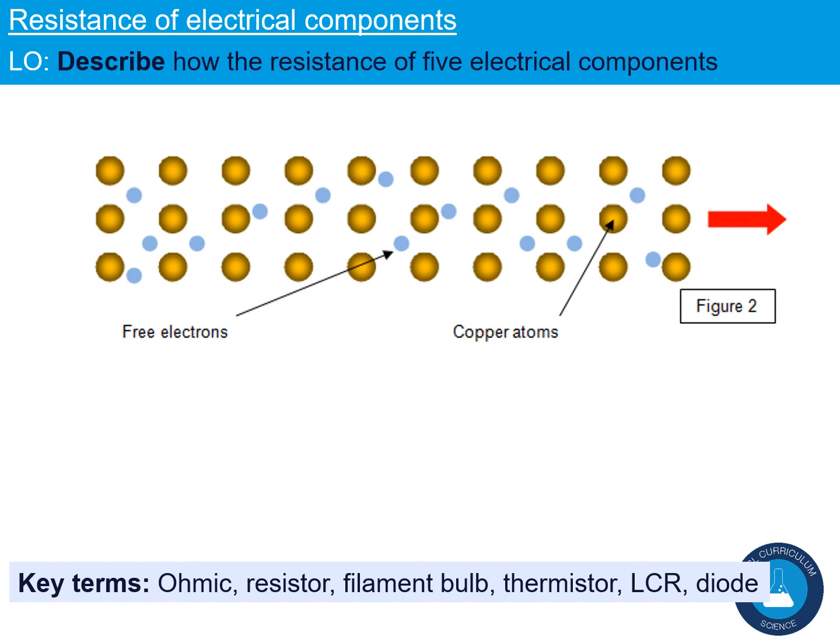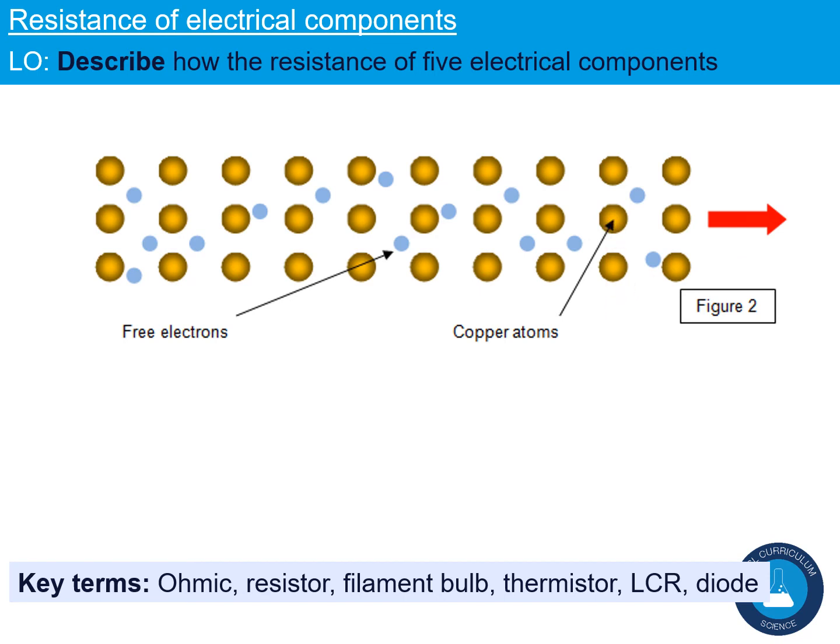In a filament bulb, as the potential difference increases, the temperature of the metal filament increases as well. If the temperature increases, then these ions start to gain more kinetic energy and they will start vibrating more. So they'll be vibrating with larger amplitude around their fixed position.